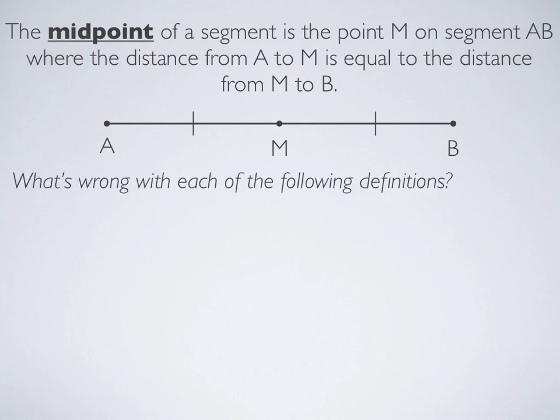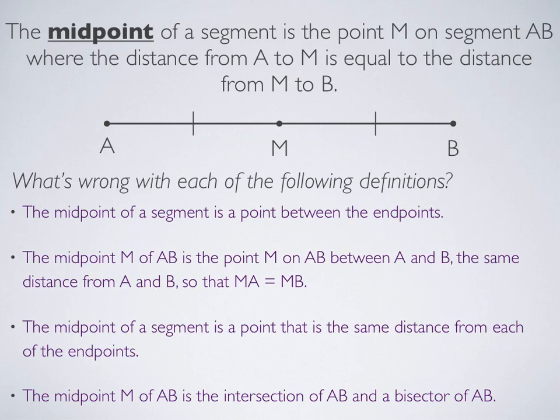Let's look at these definitions down here and talk about why they might not be good definitions. So, for example, the midpoint of a segment is a point between the endpoints. Well, that's true. The midpoint is between the endpoints. But technically, if this is an endpoint and this is an endpoint, isn't this point between them?